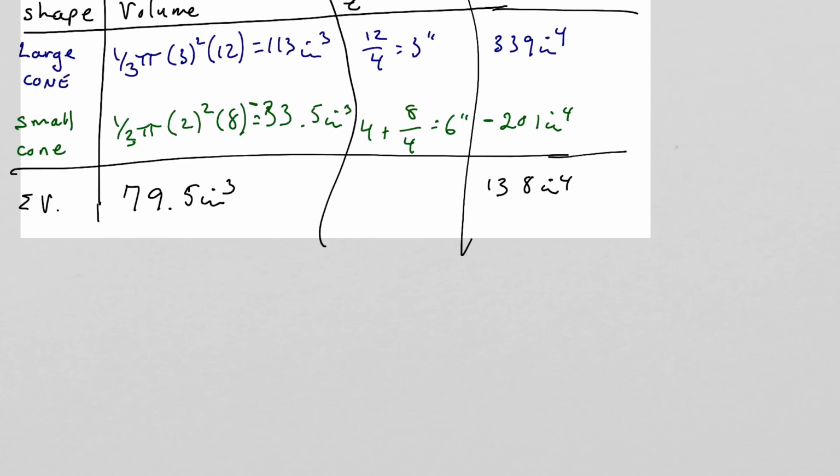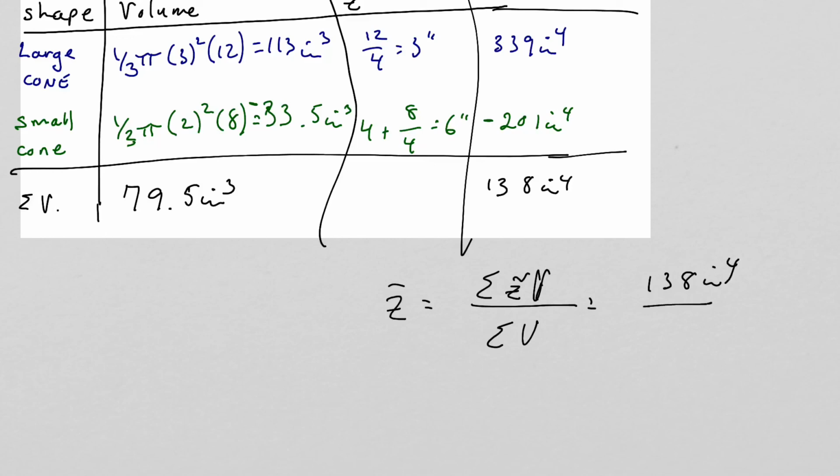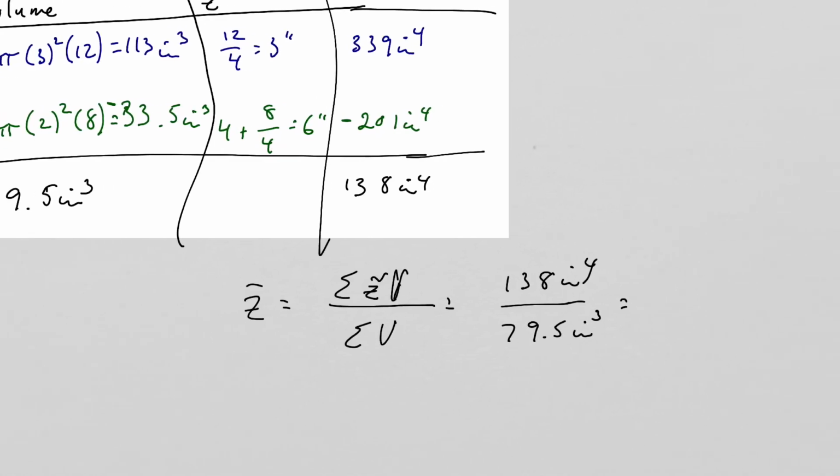Okay, the last step then for our z bar is to look at, again, the sum of the z tilde volume divided by the total volume, or in our case 138 inches to the 4th divided by 79.5 inches cubed equals 1.74 inches.